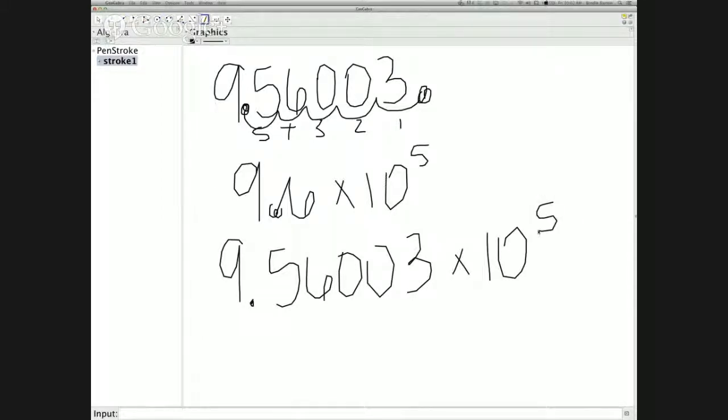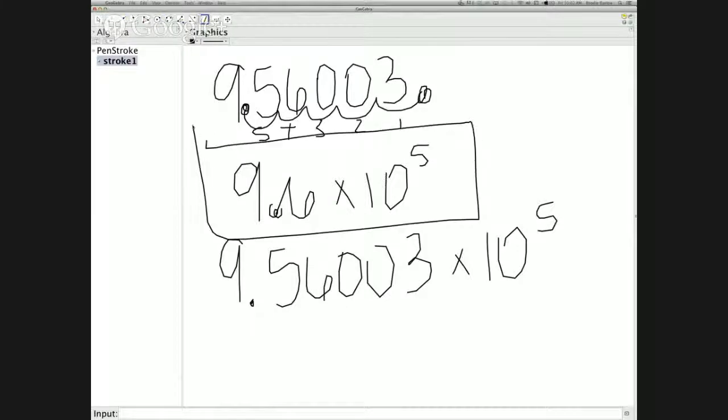The point of scientific notation is to shorten it, to make it simpler to operate with, and this one doesn't simplify it at all. So I would go with this one. But I wouldn't count this one wrong.